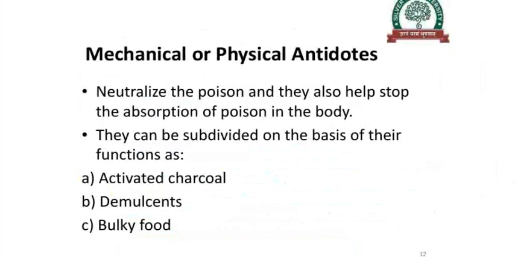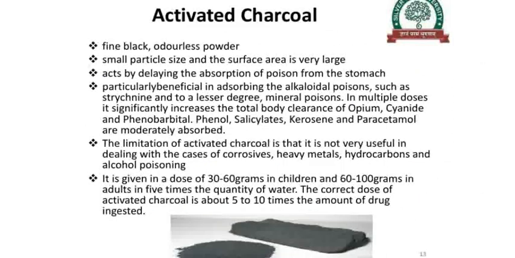Let us see activated charcoal as an antidote. It is a very renowned and well accepted antidote for most substances. Activated charcoal is a fine black, odorless powder with a very small particle size, which is why the surface area is very large. It acts by adsorbing the poison on its surface from the stomach.